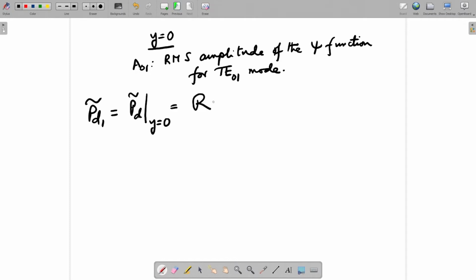Now, on the surface y equal to 0, that is the two narrow walls of the waveguide, the tangential magnetic field is Hz only for the T01 mode, and therefore, the PD1 tilde expression becomes integral 0 to A, 0 to 1, because only Hz is present. So, it will be Hz square dz dx.